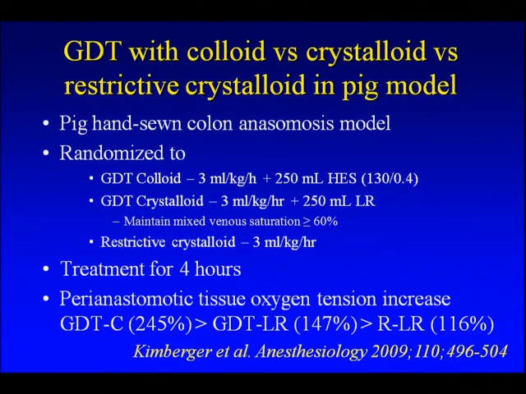They treated these pigs for 4 hours, and then measured tissue oxygenation in the bowel mucosa. This almost simulates colorectal surgery where you anastomose the bowels. So what did they find?